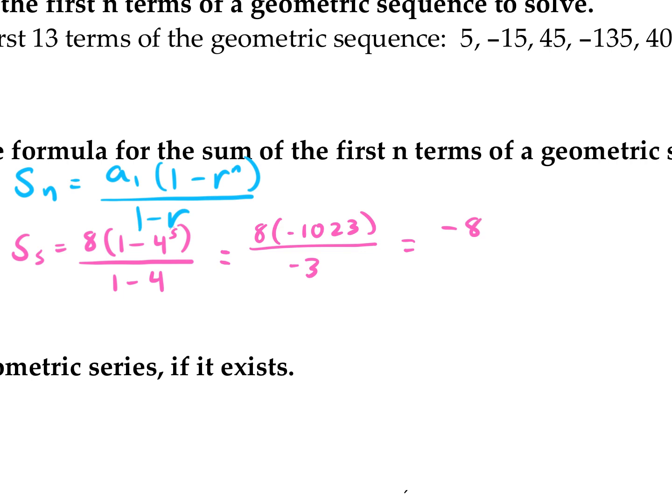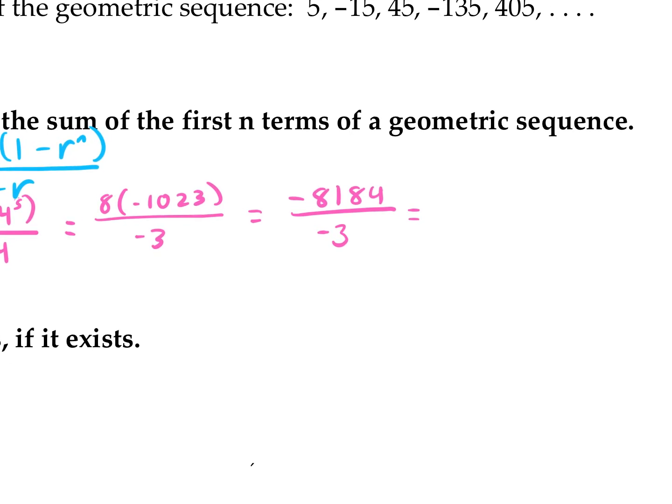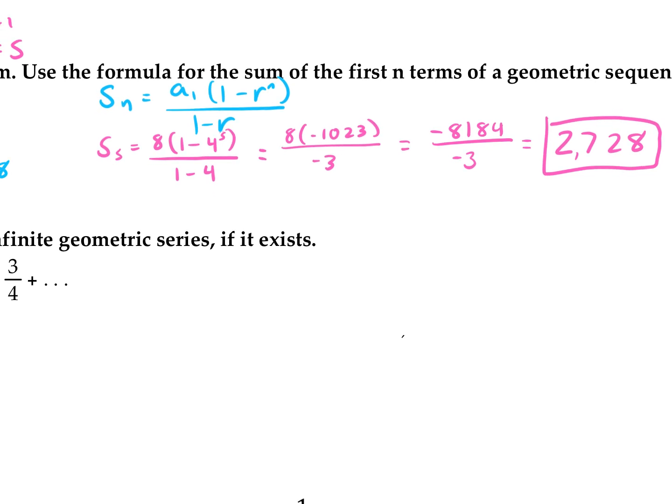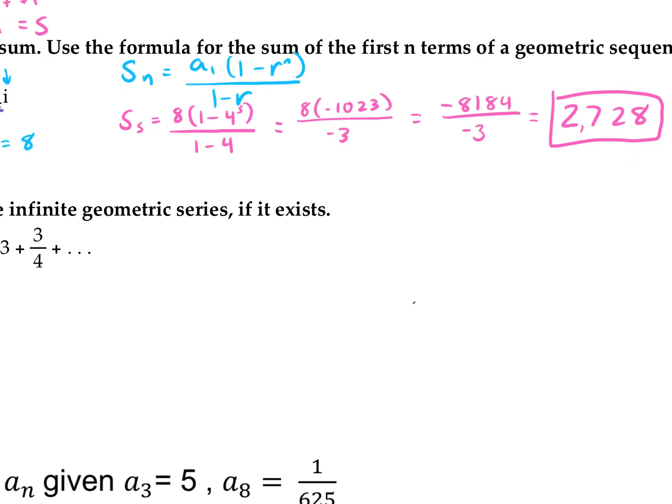We get negative 8,184 over, I did 1 minus 4, which is negative 3 on the bottom. Hopefully this divides. If not, we just leave it as a fraction. It does divide. So we get positive 2,728. So if it didn't divide evenly, just make sure you simplify your fraction and you can leave it as a fraction.